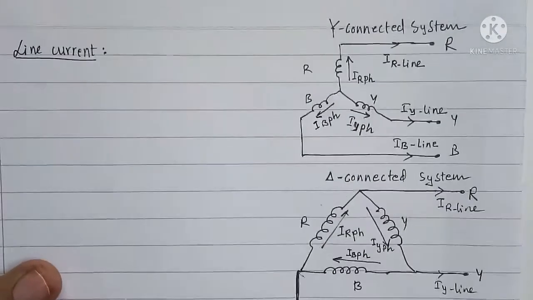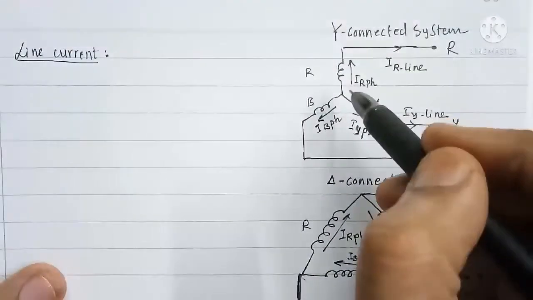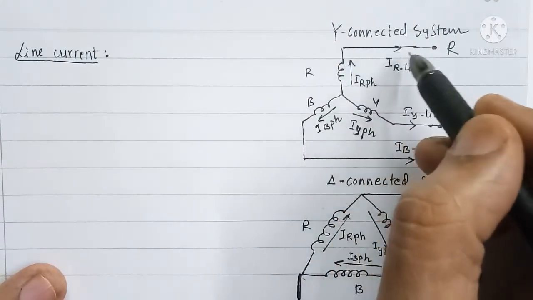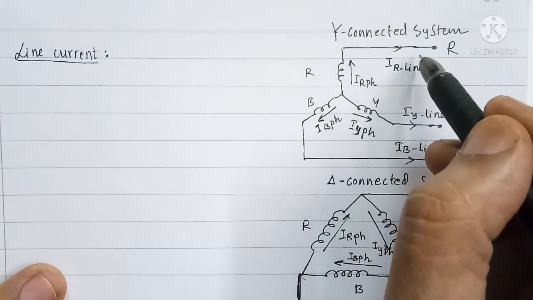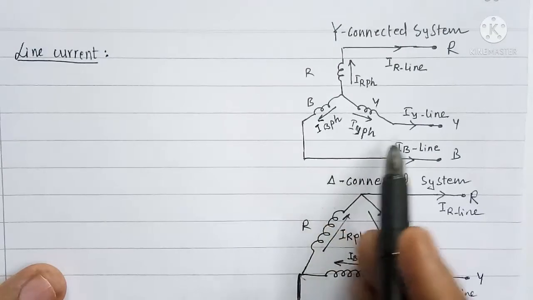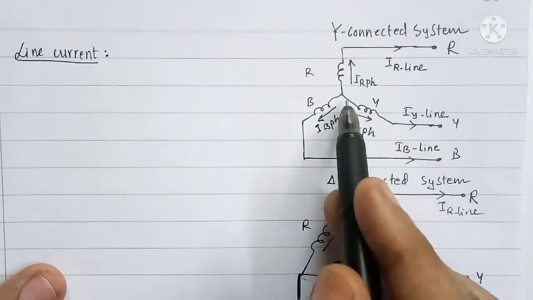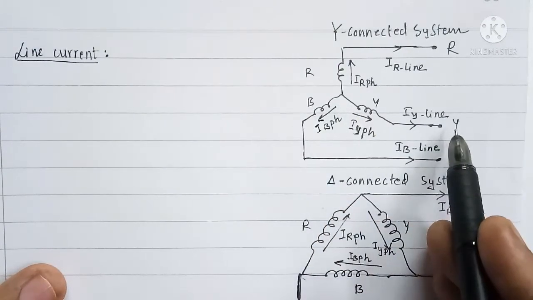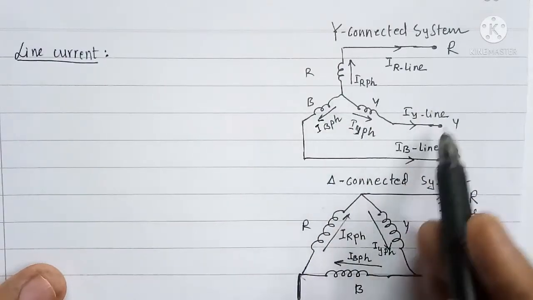Now from the figure here you can understand that current IRPH and IR line are equal. IYPH and IY line are equal because they are flowing in same conductor here. You can see there is no current division in between.